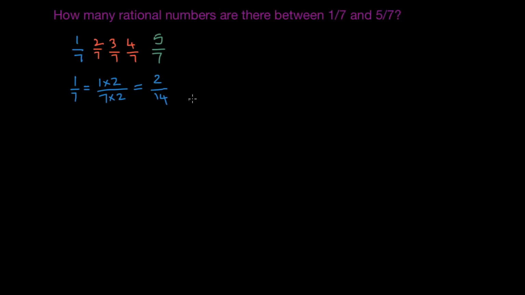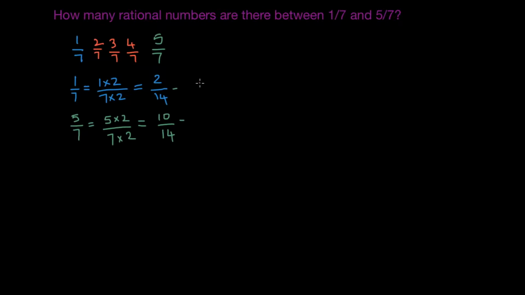Now I can do the same thing with this number 5 by 7. 5 by 7 is equal to 5 times 2 divided by 7 times 2. And that is equal to, what is 5 times 2? 10. And 7 times 2 is 14. So now if you look at these two numbers, how many rational numbers can I find between this guy and this guy?